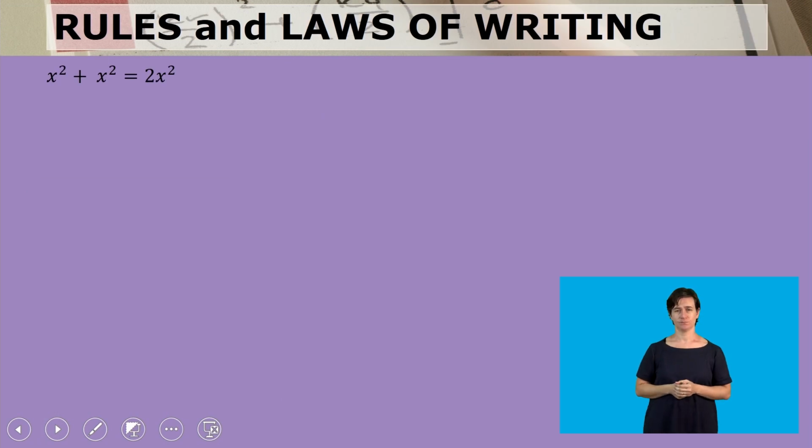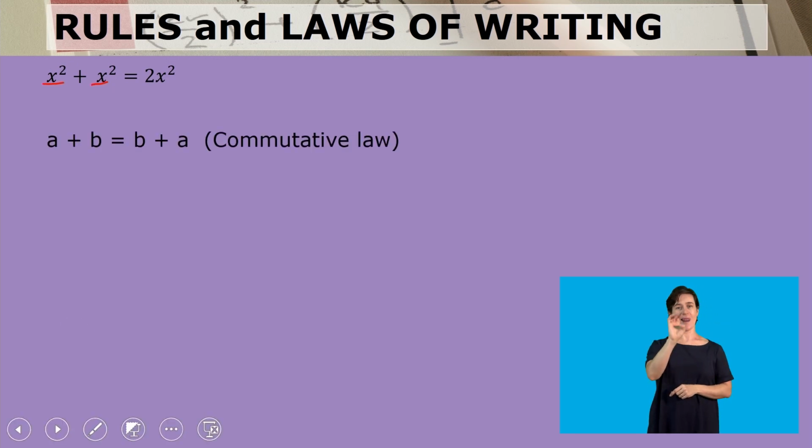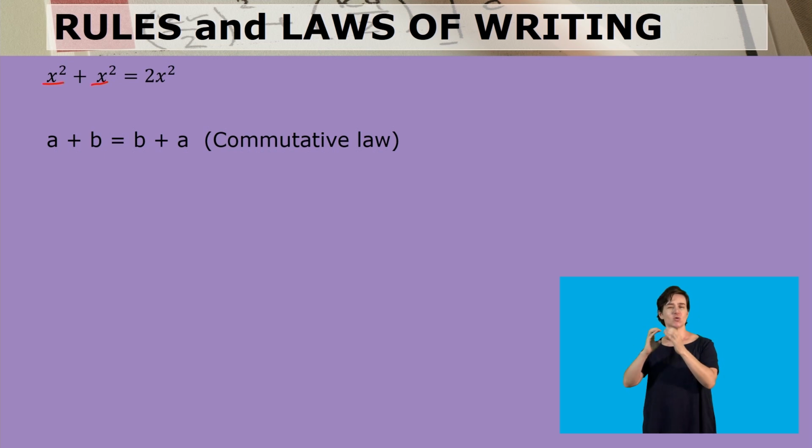When we have been given x squared and x squared, the answer is 2x squared because these are like terms. A plus B equals B plus A. That is the commutative law, something that we did previously.